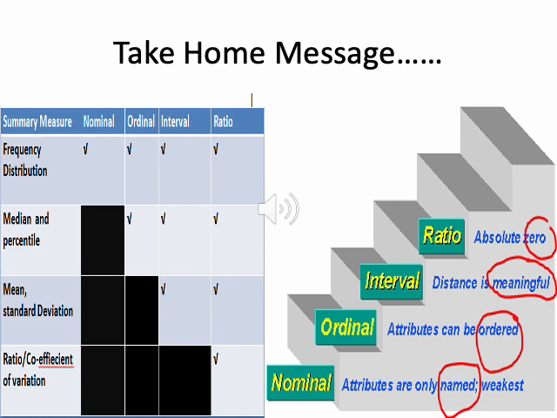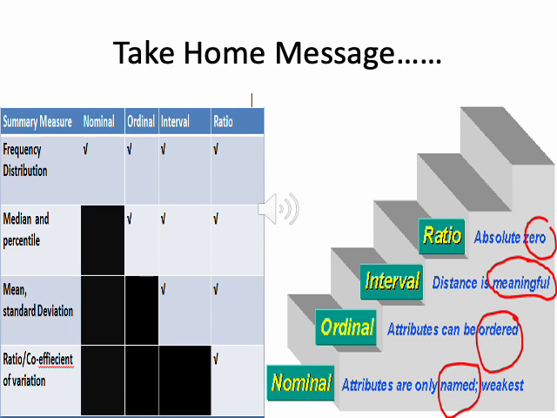In today's class, we learned about 4 types of variables: the nominal, the ordinal, the interval and the ratio. The nominal had only a name, ordinal had name and order, interval had name and order and the distance was meaningful, and the ratio had the name, the order, the equidistance, and there was an absolute zero.